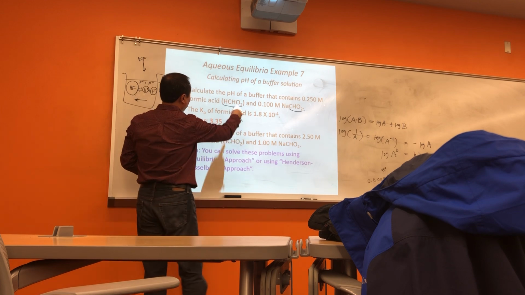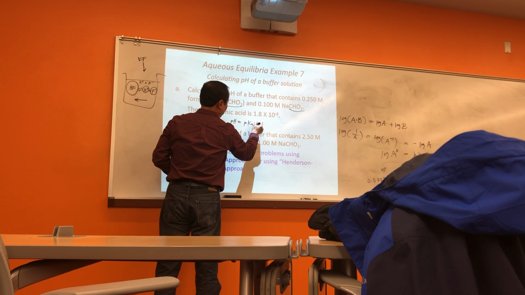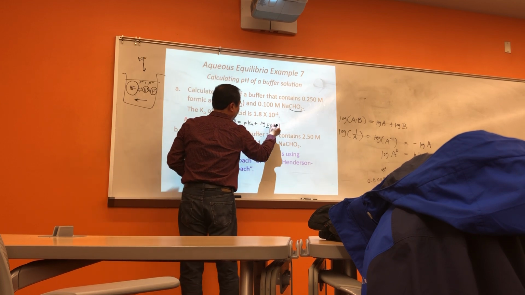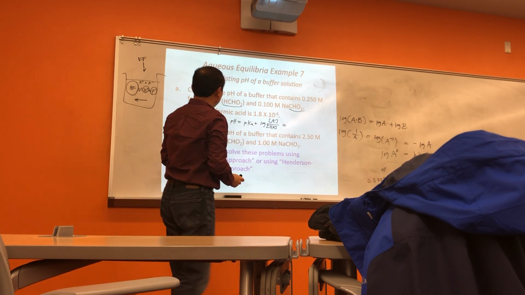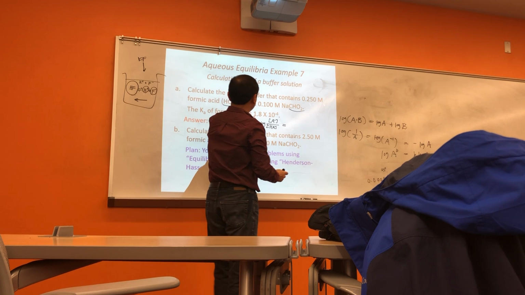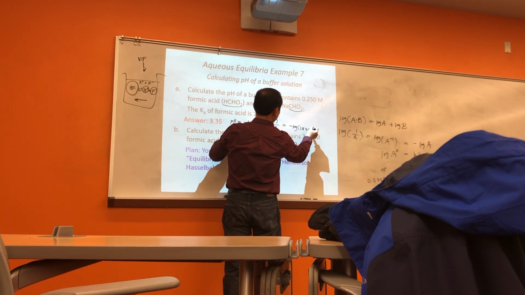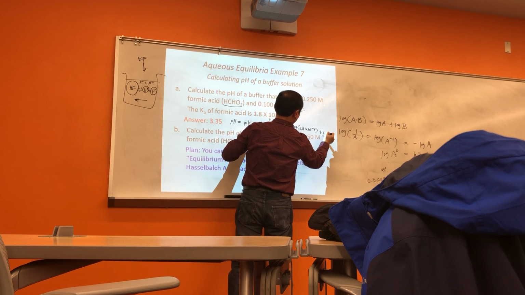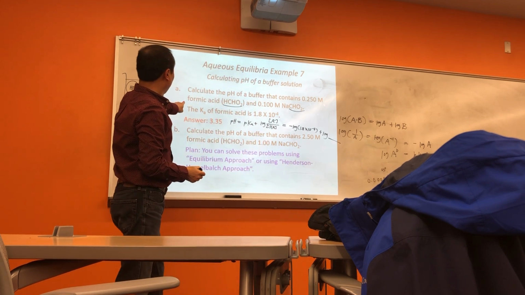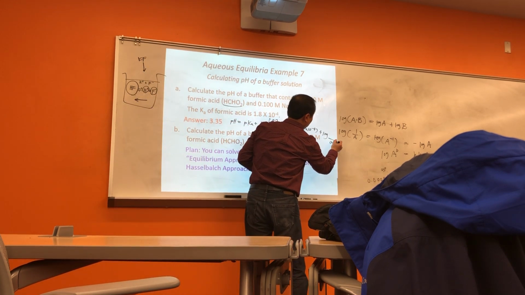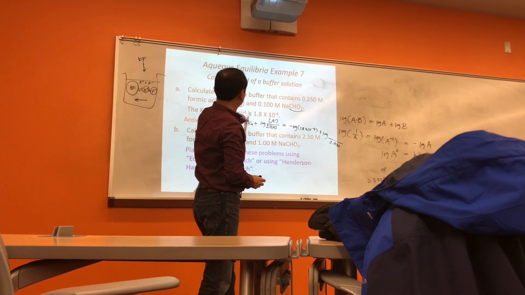They ask us to calculate the pH, where pH is equal to pKa plus log of the conjugate base over the acid. The Ka value is given right here. So the pKa value is the negative logarithm of this number, plus the logarithm of the concentration of HA, which is 0.250, and the conjugate base concentration, 0.10.